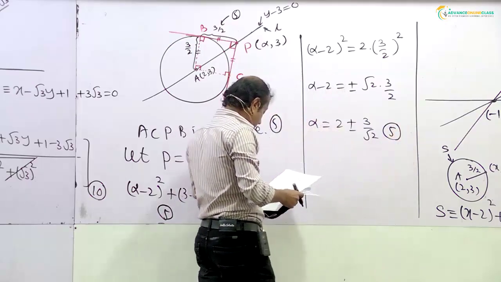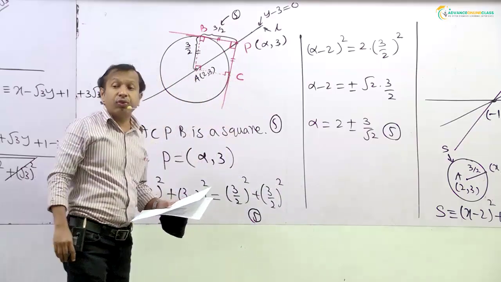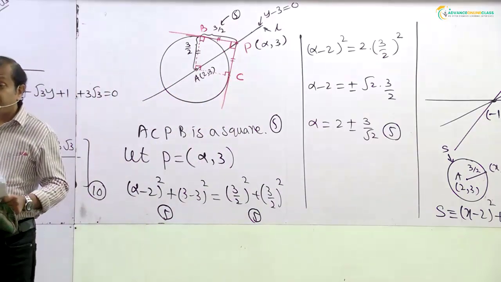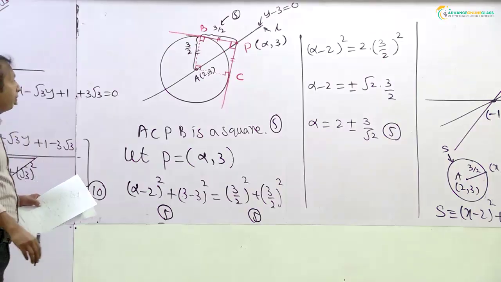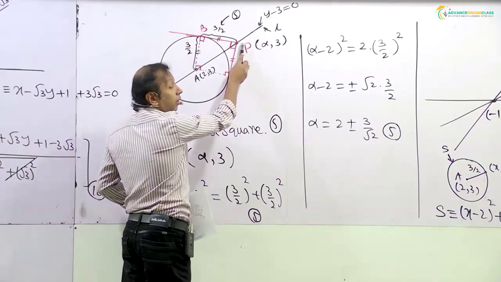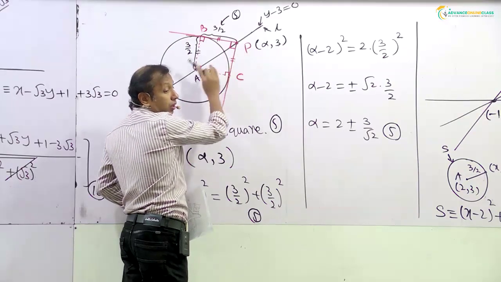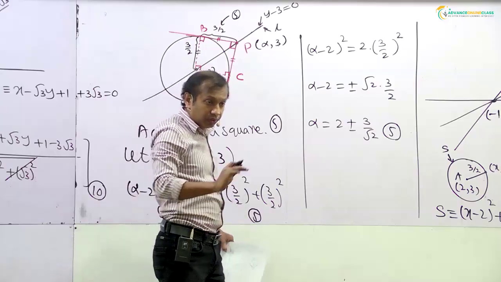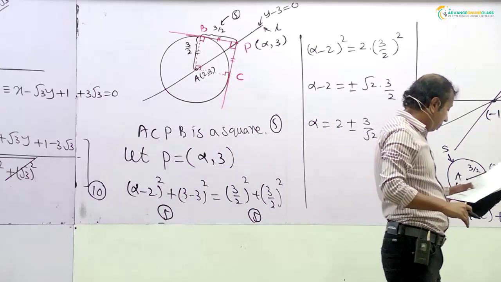How many values for alpha we have? Two values for alpha. Two values for alpha means what? That means there are two positions for the point P on the line. That's how we verify that P has two positions.